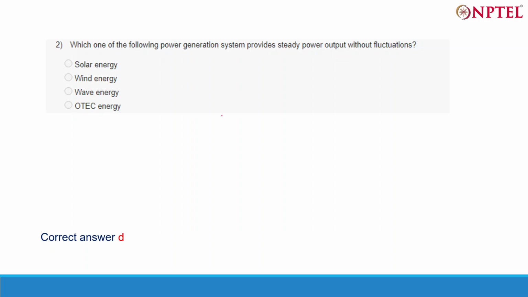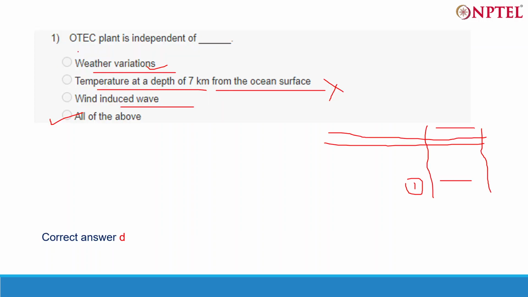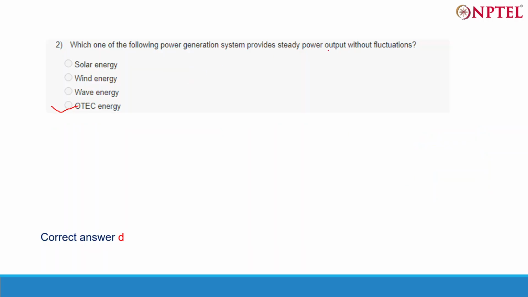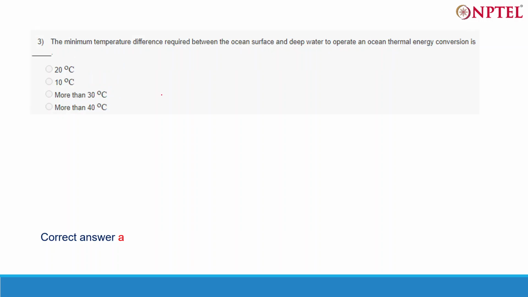This is what we learned here, because most of the parameters are independent. The OTEC plant is independent, so even if there are fluctuations, it will provide steady power output.